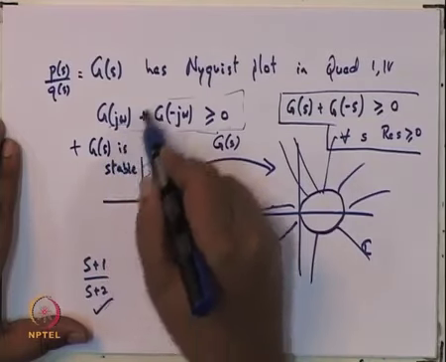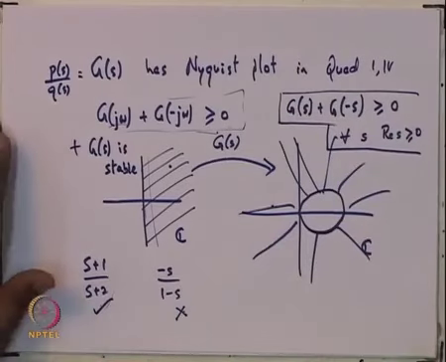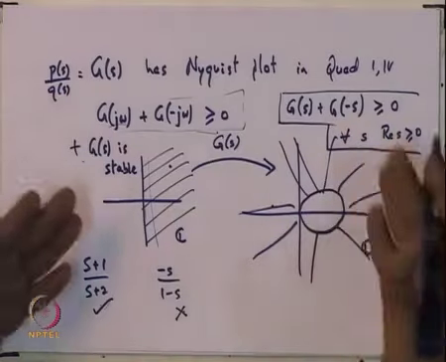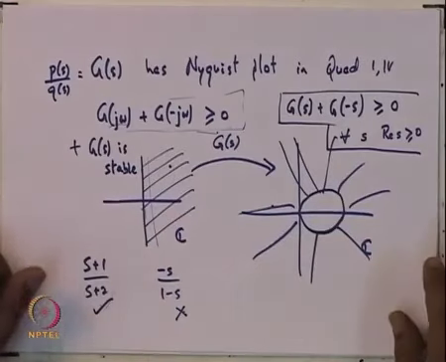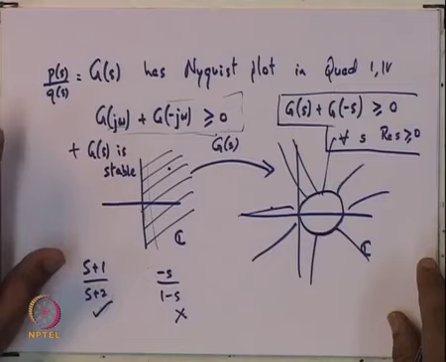And as it turns out, these two conditions together are equivalent to this condition. So, the various books that you go through might have some mixture of these definitions as the definition for positive realness, and this is for the scalar single input single output case.